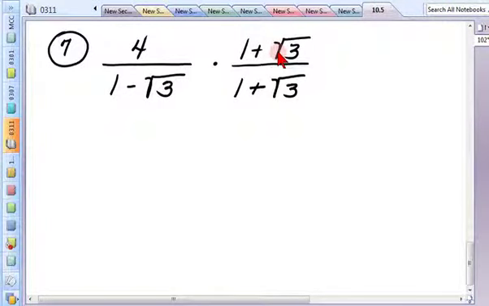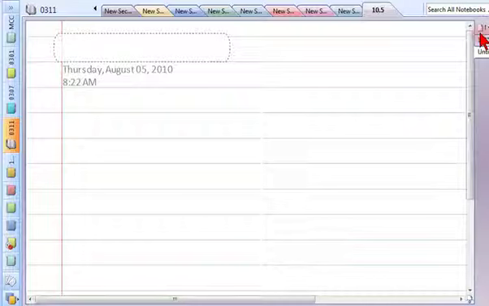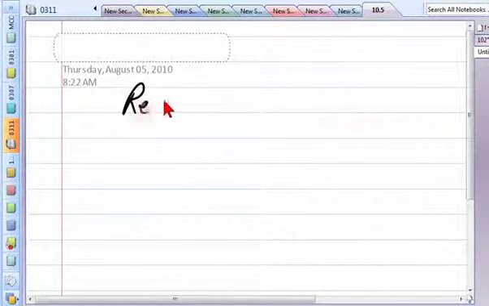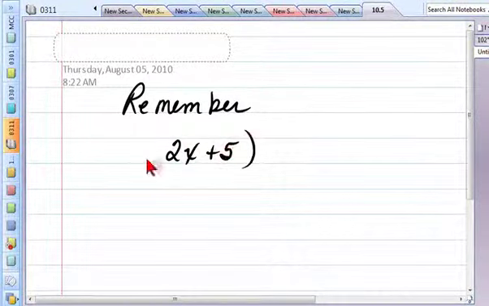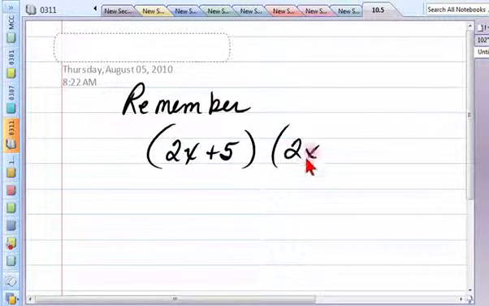I want to take you out of this lesson for just a second and remind you of something. Okay, so I'm going to go away from that page. And do you remember 2x plus 5 times 2x minus 5?